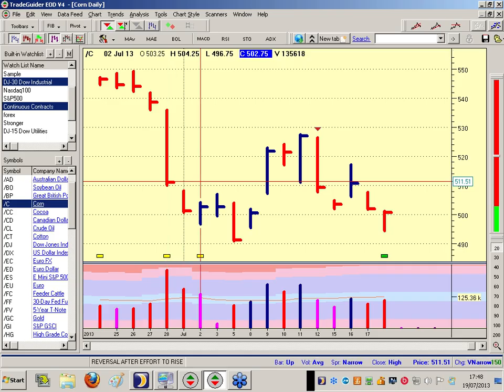Okay, so there's a little bit of volume here, look. Volume has reduced somewhat. They've marked it up, look. But there is supply on these up bars, look.